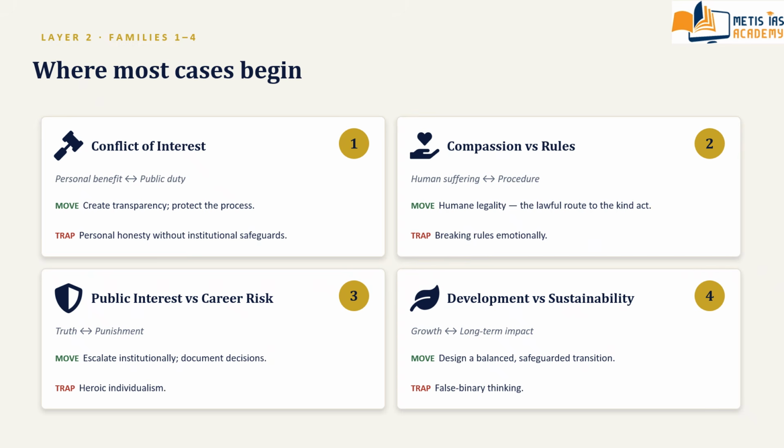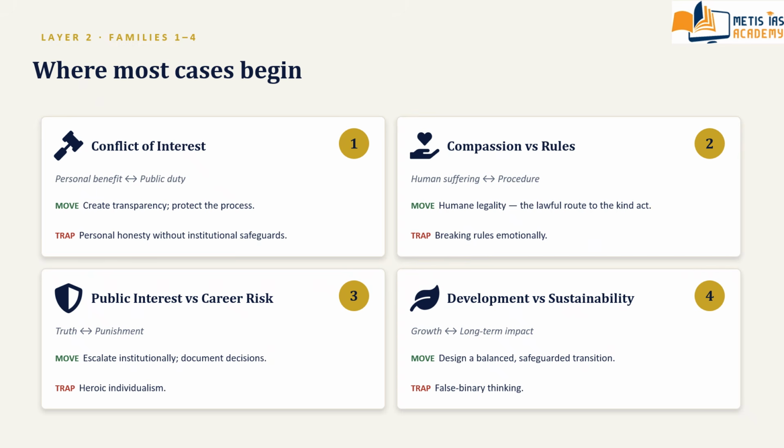When it comes to development and sustainability, we are going to take the middle path, that is balanced transition. Transition is the need of the hour, but with balance. Here, no need for false binary thinking. Balanced transition is what saves you in the development versus sustainability family.